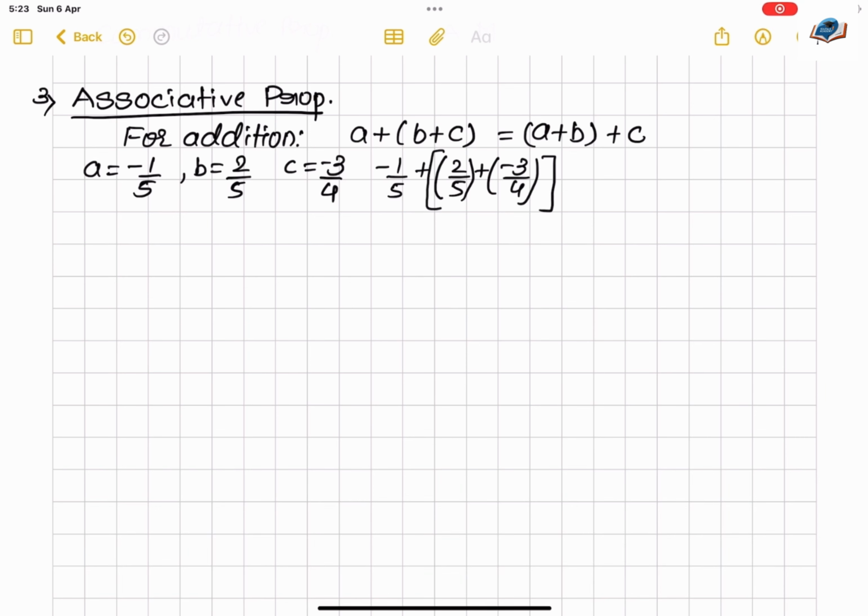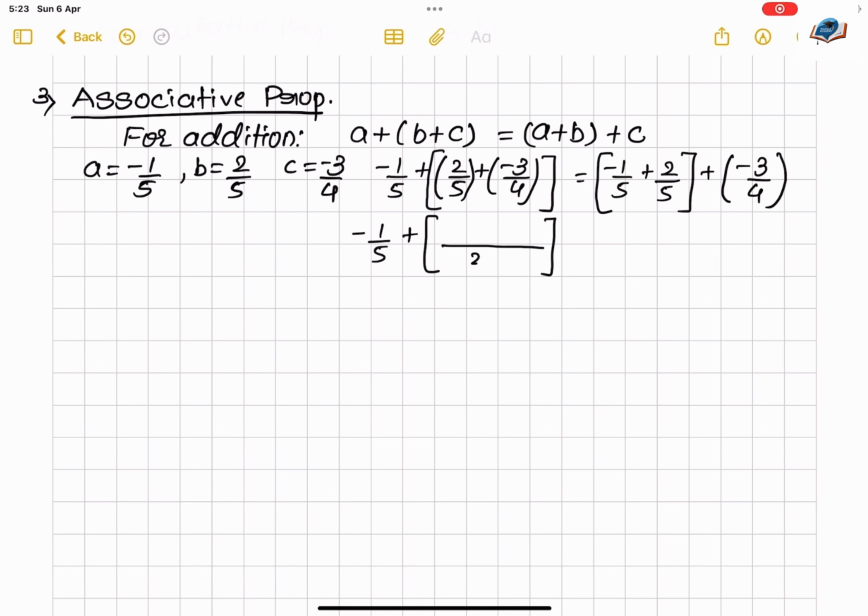And on the RHS I will have minus 1 upon 5 plus 2 upon 5 plus minus 3 upon 4. So let me check. This will be minus 1 upon 5 plus... Now here 5 and 4 are there, so the LCM will be 20.